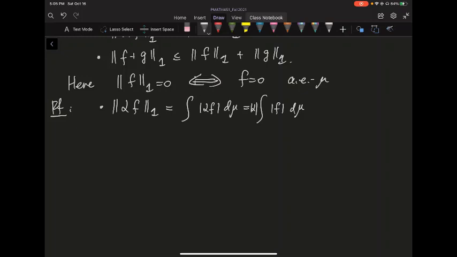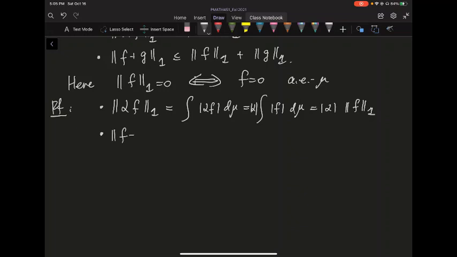It's an easy exercise, but here we're not using any of that. Everything is non-negative, so the absolute value of alpha f is non-negative, the absolute value of f is non-negative. So we're good, we can pull out the alpha. On the right-hand side, this is just the absolute value of alpha times the one norm of f. So we proved the scalar property.